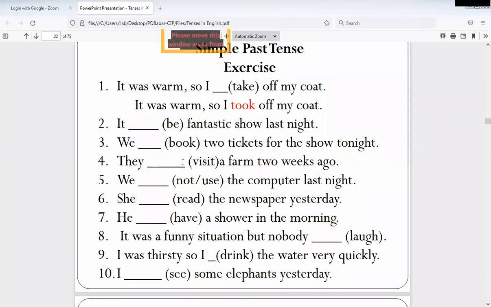So we have to use here read. Read is the verb which we use in all three forms, that is read. So she read the newspaper last night.